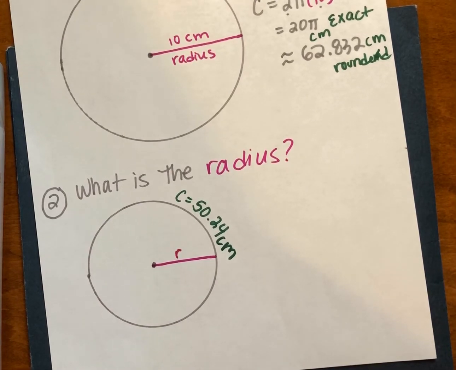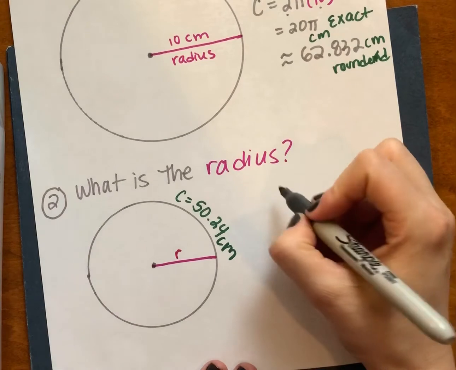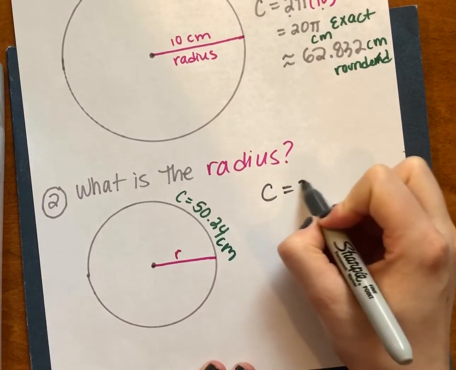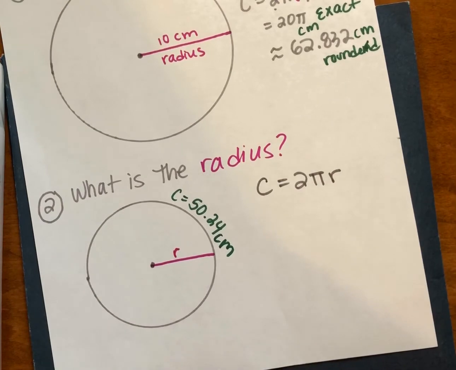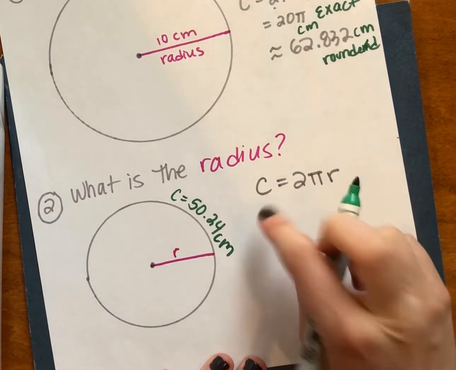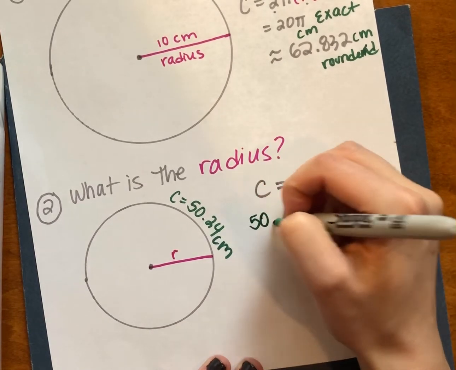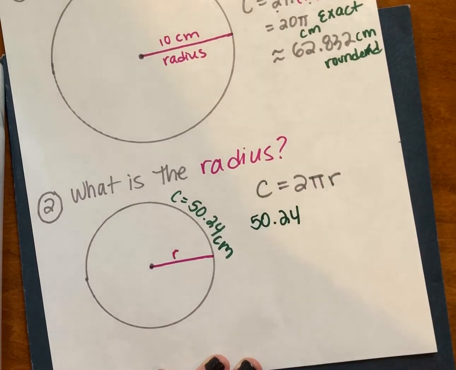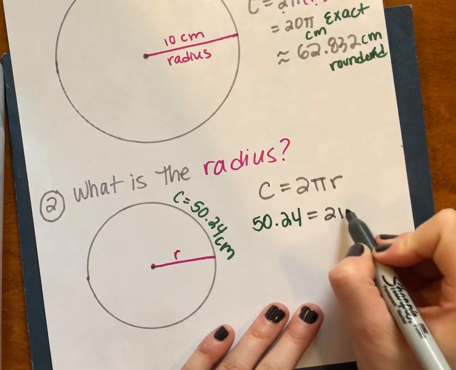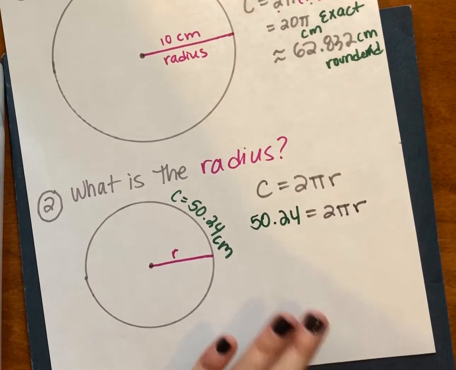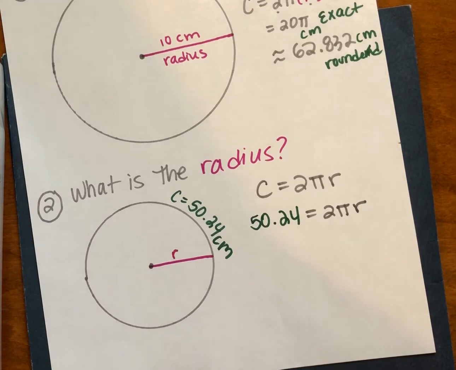Again, I'd go back to my formula. I would say my circumference equals 2 pi r. And I'd fill in what they tell me. They say the circumference part is 50.24. And that's equal to 2 times pi times r. Now I have a little equation to solve here.